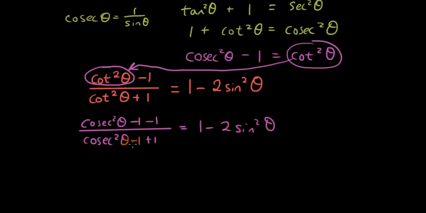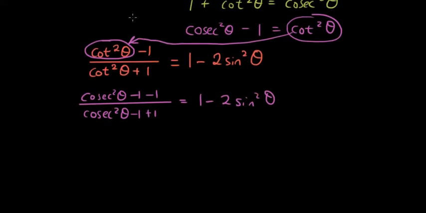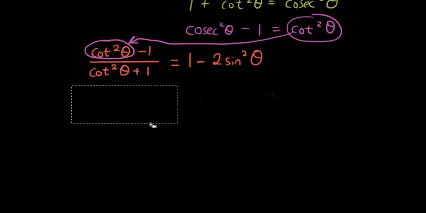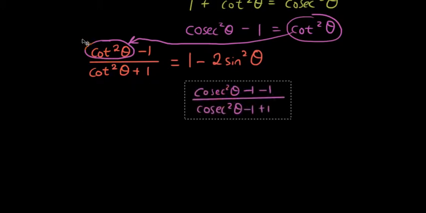Basically, we want to end up with the left hand side the same as the right hand side. Okay, so let's keep going. Actually, let's just work on the left hand side for now. So I'm going to move this over here.